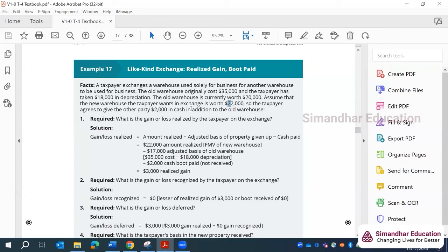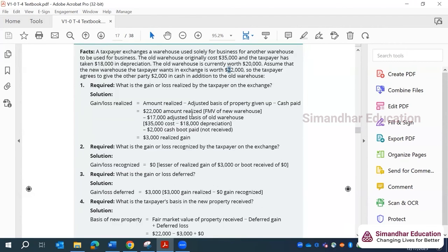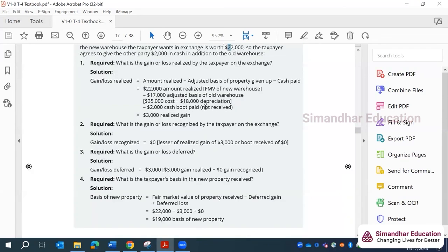What are we receiving in exchange? We are receiving in exchange a warehouse which is worth $22,000. So what is our realized gain here? The realized gain here is $3,000. What are you going to do with that realized gain? See here, there is no boot involved. You're not the one who's getting the cash. You're the one who's giving the cash. Okay.